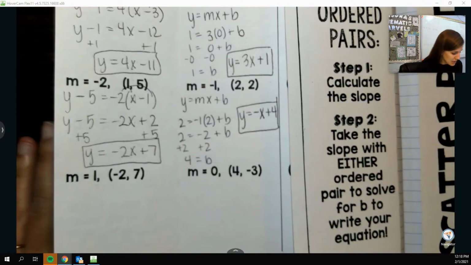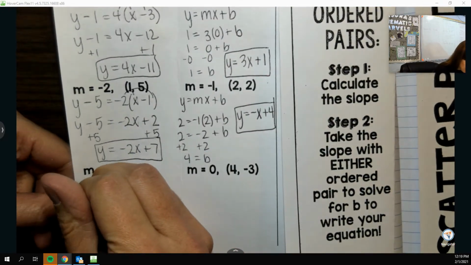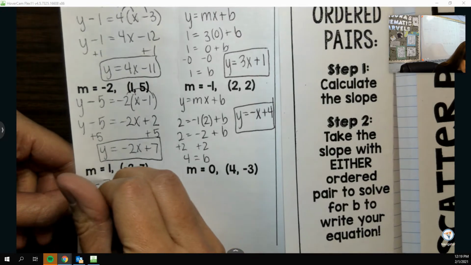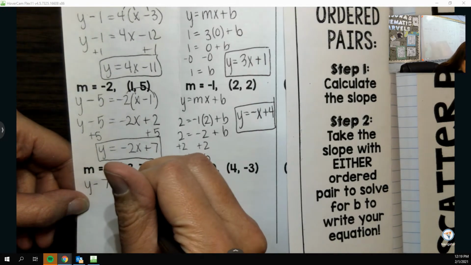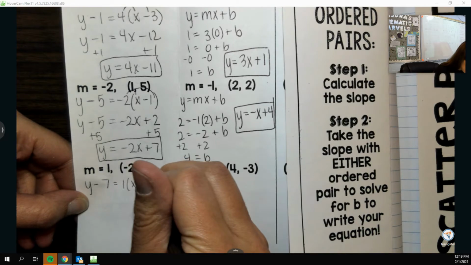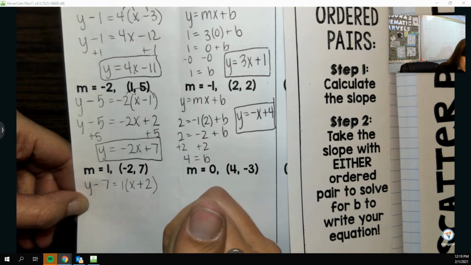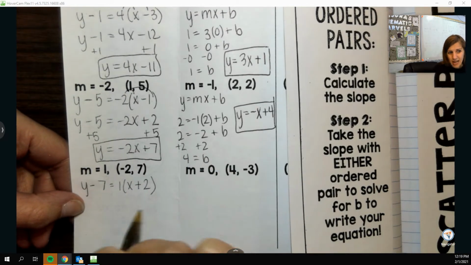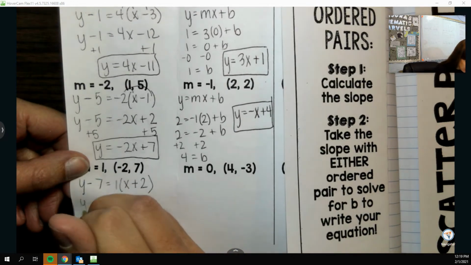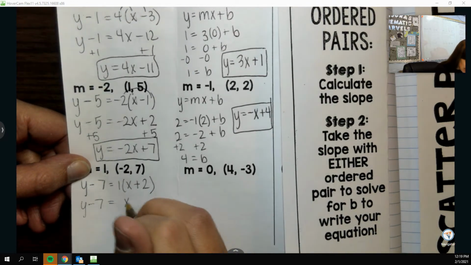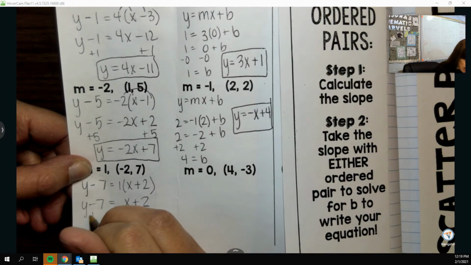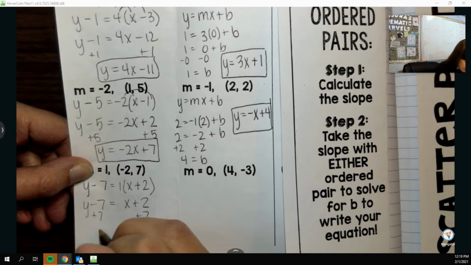On these last ones here, I'm going to do y minus y equals m parenthesis x minus negative 2, so plus. And 1 times anything is just that thing, so I really don't need the 1 or the parentheses. And then I'd add the 7 over to get y alone.